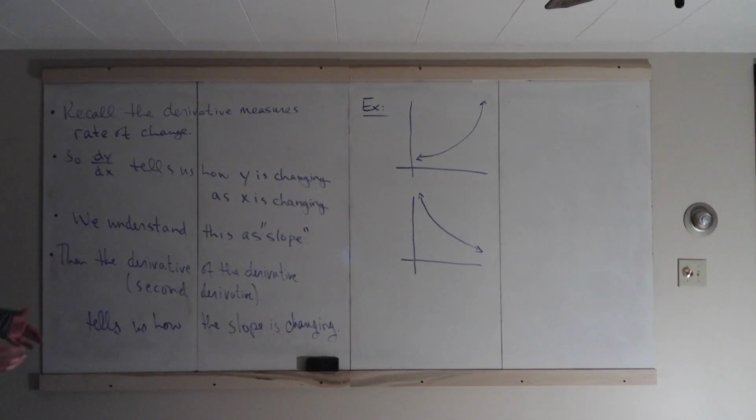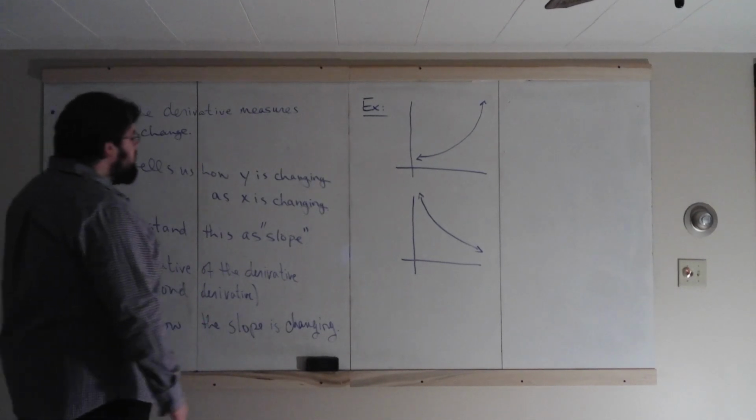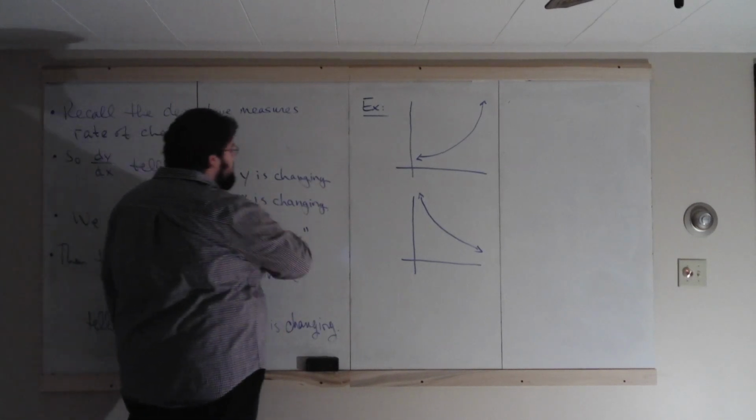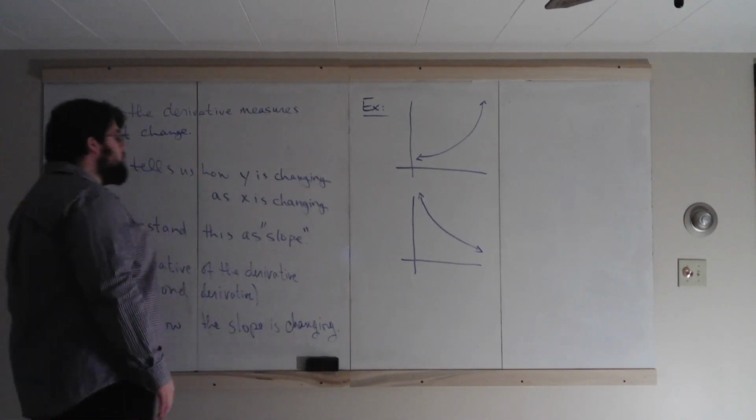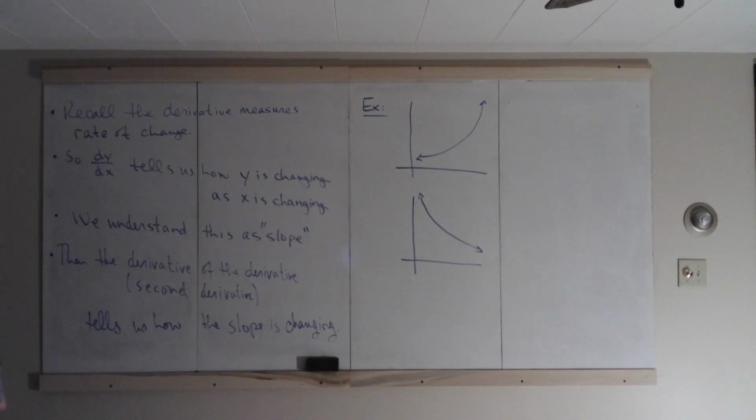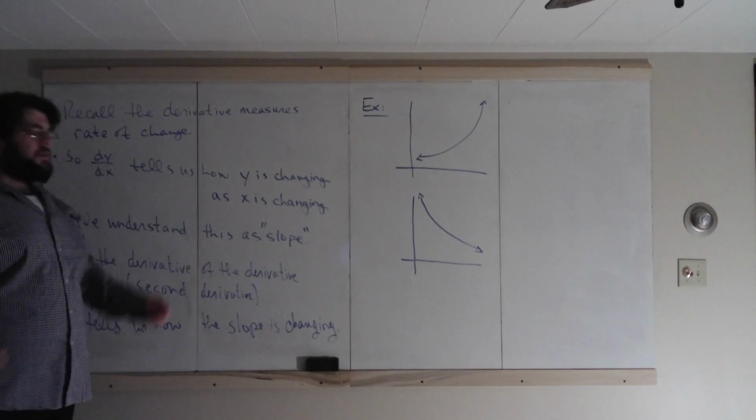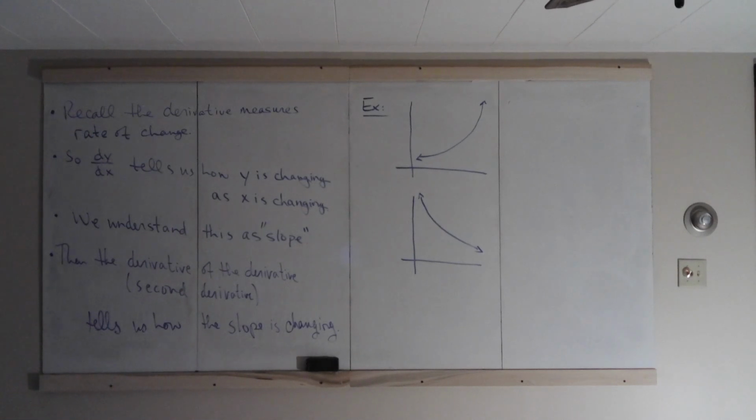We understand this as the slope of a tangent line, but using the mean value theorem, we understand this as the slope of the tangent line as it travels through a graph. But the second derivative is just the derivative of the derivative. So the second derivative tells you how the derivative is changing as x is changing.